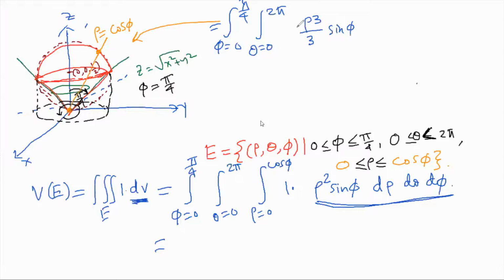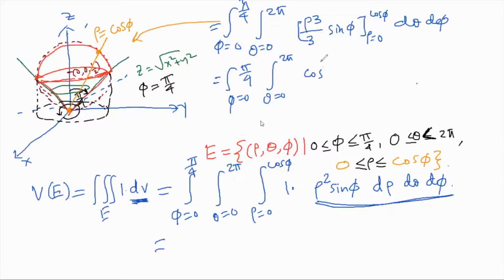Sine phi, then rho goes from 0 to cosine phi, and d theta d phi. So then plug this in. It is cosine cubed phi, and then 0 is 0. So this is cosine cubed phi sine phi over 3.